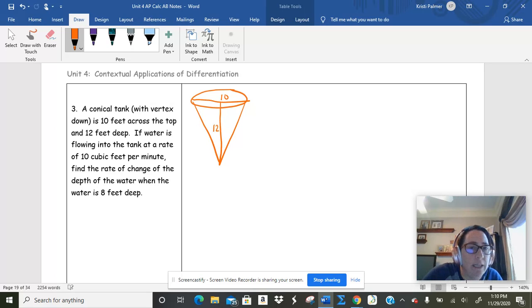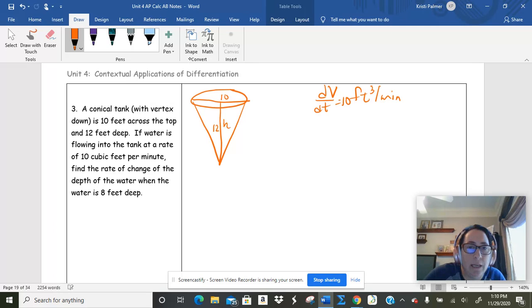And water is flowing into the tank at a rate of 10, and they're giving you a big hint, cubic feet per minute. So cubic feet per minute, if it's feet cubed, that has to be a dV dt. Okay. Find the rate at which the depth of the water changes.